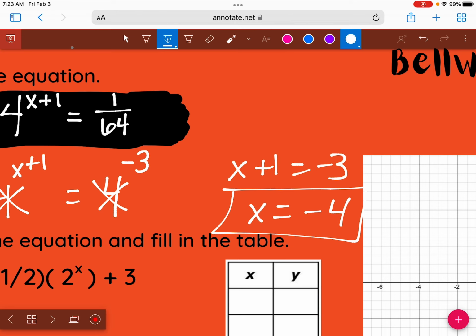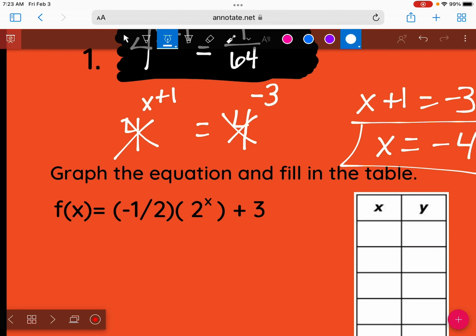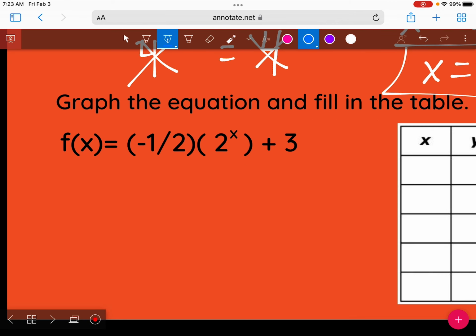Graphing the equation. Before we do that, can you guys identify for me what are A, H, and K? What's A?